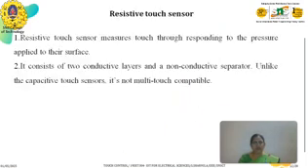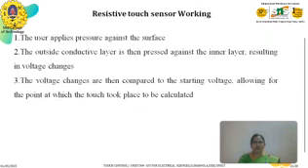Now the resistive touch sensor. For the resistive touch sensor, we measure the touch by responding to the pressure applied to its surface. It has two conductive layers and a non-conductive separator. Unlike the capacitive touch sensor, it does not support multi-touch operation.